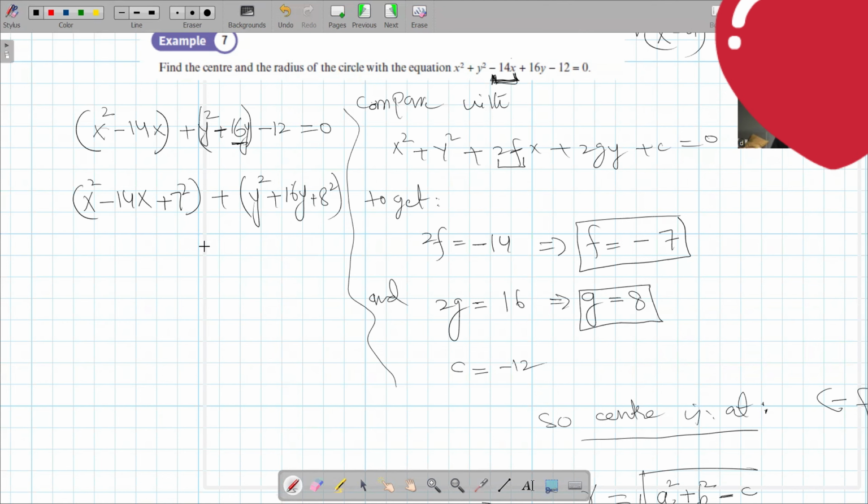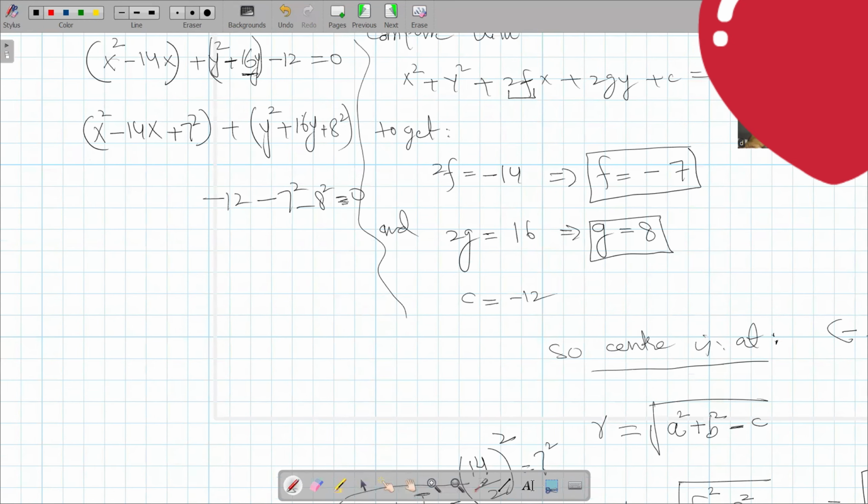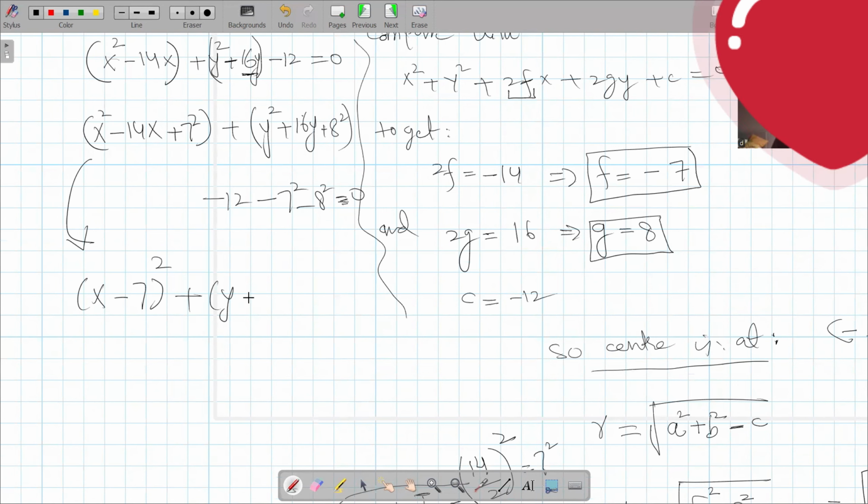Now we have added 7 squared and 8 squared, so we will subtract 7 squared and 8 squared both, so we have added and subtracted on one side. Now write these as complete squares: x minus 7 squared, and y plus 8 squared, right?